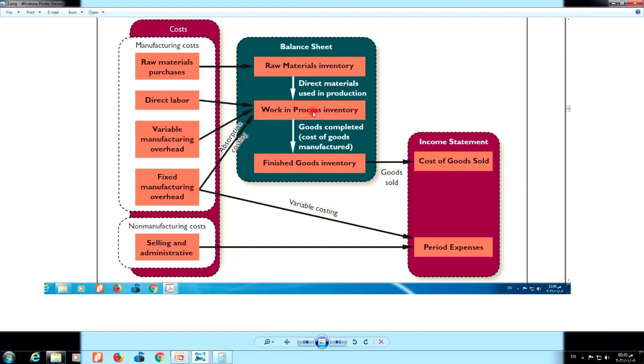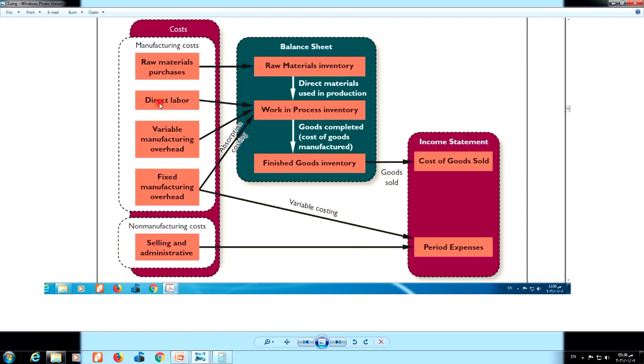Under absorption costing, fixed manufacturing overhead is included first in work in process, then in finished goods, and after the sale, in the cost of goods sold. Under variable costing, it is included as a period expense. Selling and administrative expenses are included in the period costs directly.